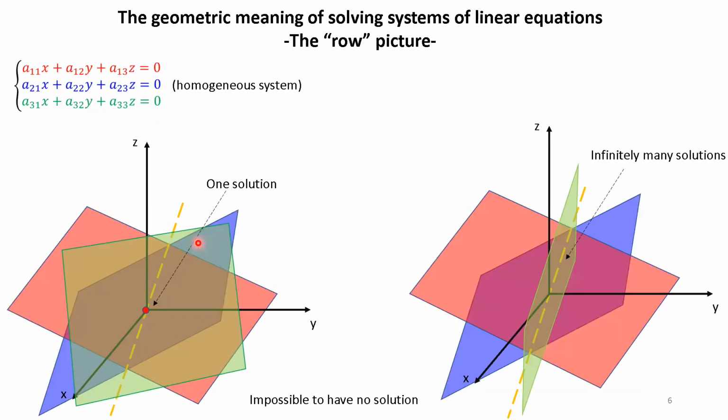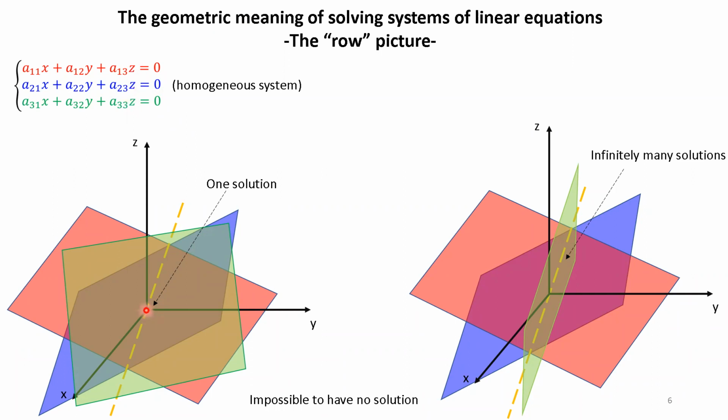So now, again, the homogeneous system. That means I have the right-hand side all zero. So this time, again, I have three planes, the red, blue, and green, but this time they all have to pass through the origin.